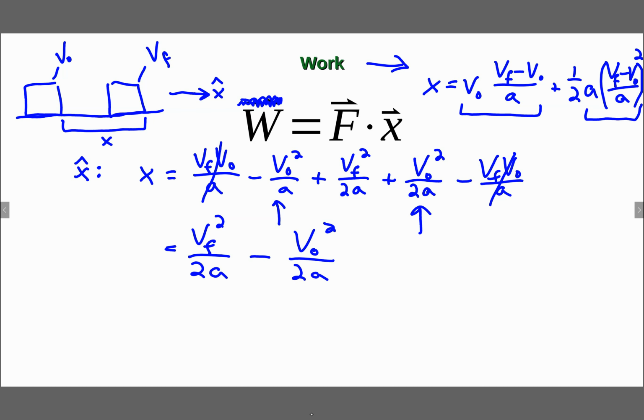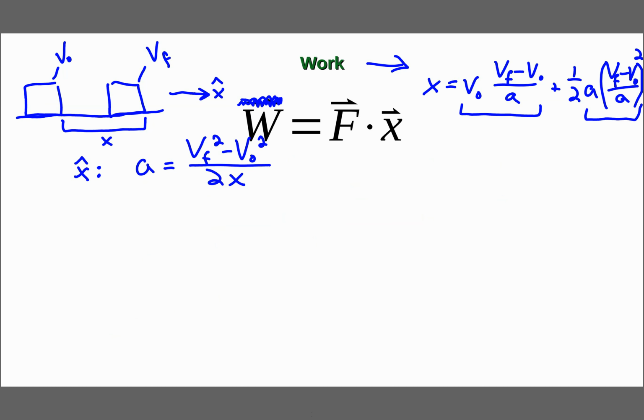And then if I wanted to solve for a, if this is x, what I would end up with is that a equals vf squared minus v naught squared over 2x. So now what we have is this constant acceleration that we're creating by having this constant net force, right?